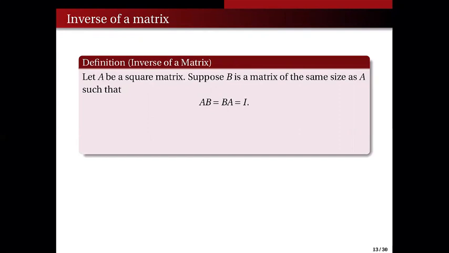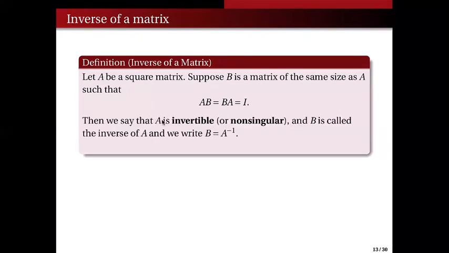Then we say A is invertible, or A has an inverse, or A is non-singular. And we call B the inverse of A. And we write it this way: B equals A superscript -1.